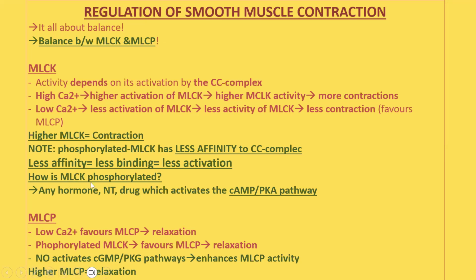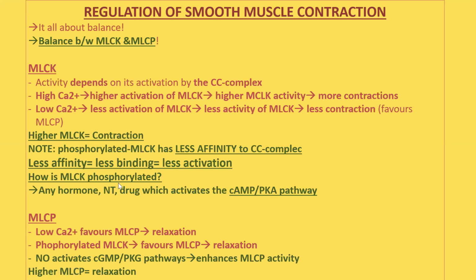It is because of any cell signaling pathway that induces the cyclic AMP and PKA pathway. Anything which stimulates the cyclic AMP PKA pathway. PKA is protein kinase A. Protein kinase A will go and phosphorylate MLCK. Phosphorylated MLCK has less affinity to the CC complex.